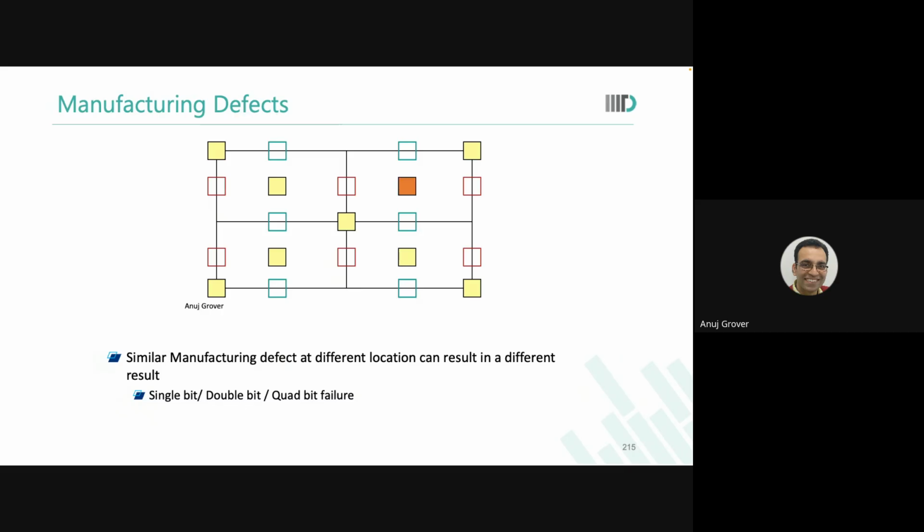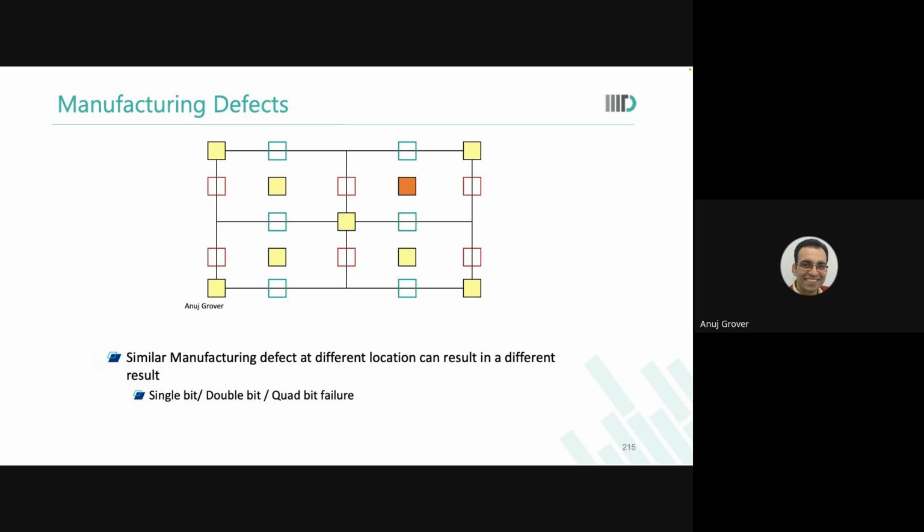And with so many contacts, vias, everything coming into picture, there's a possibility that one of those contacts or vias can fail. So there's a possibility that one contact fails, but that particular contact or via is in the center of the memory cell. So one defect will lead to one failure.